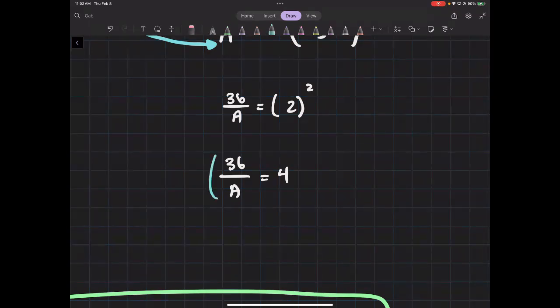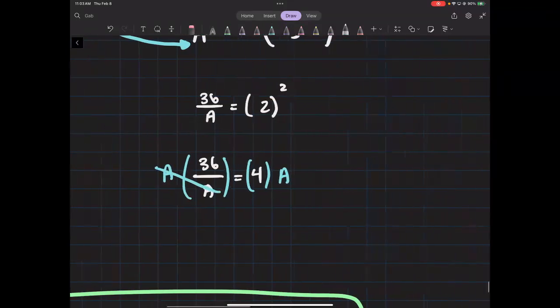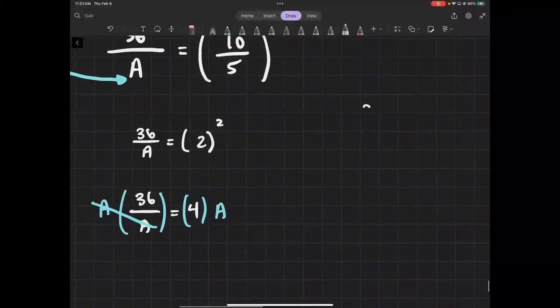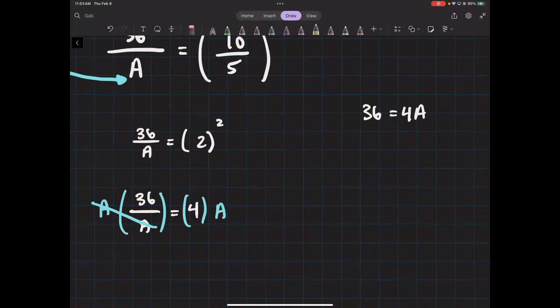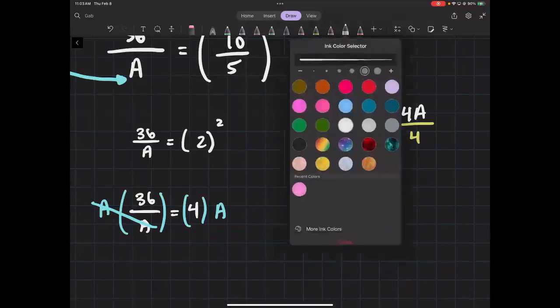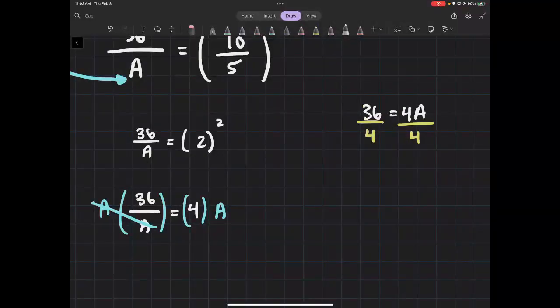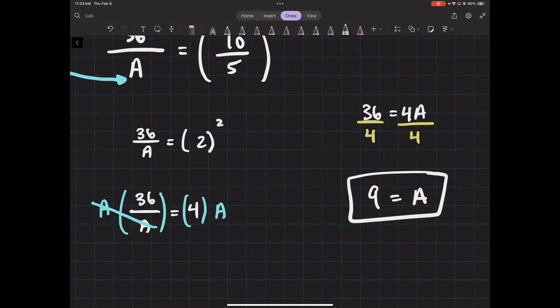Multiply it out, so multiply both sides by A. Then you have 36 is equal to 4A. Divide both sides by 4. What's 36 divided by 4? 9. So your area is 9 for triangle DEF.